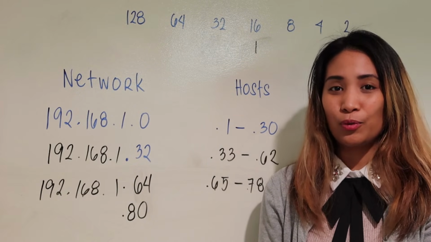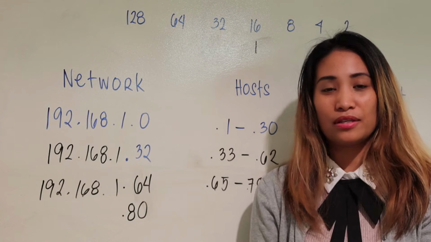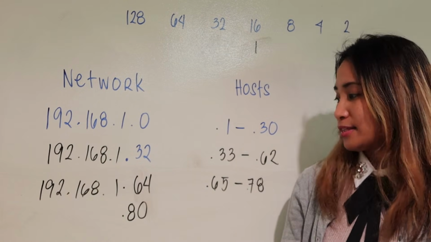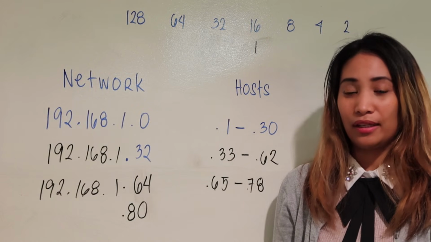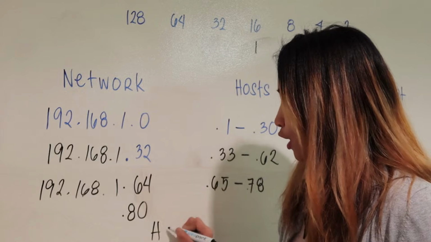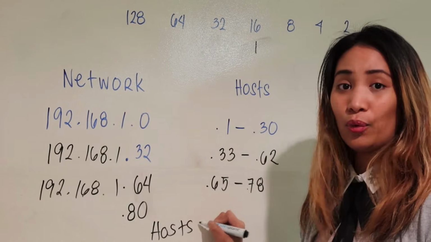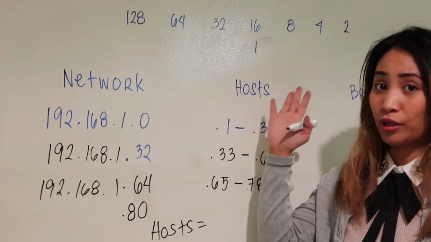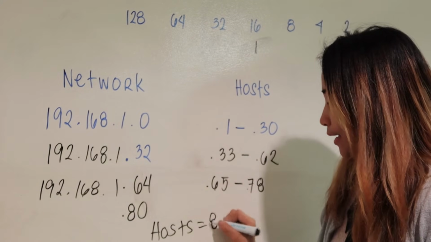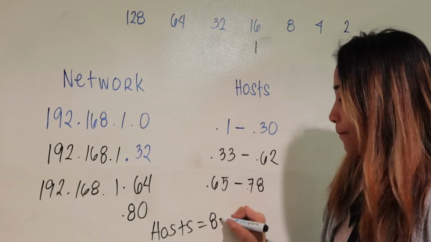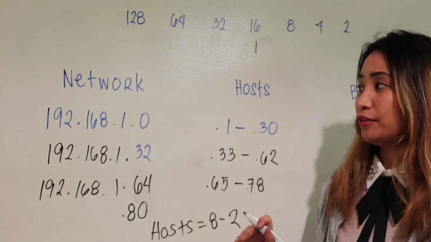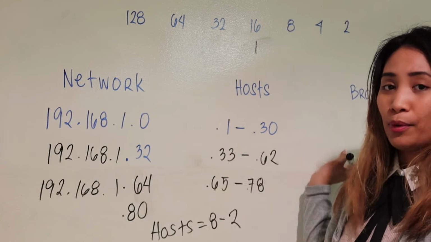So going back to what we learned from the previous subnetting examples and lectures, let's go back to how we determine the number of usable hosts in a network. And that is, the host is equal to the increment or the block size, which is 8 for example in here, and it's always minus 2 because 2 addresses are reserved for the network and the broadcast address.